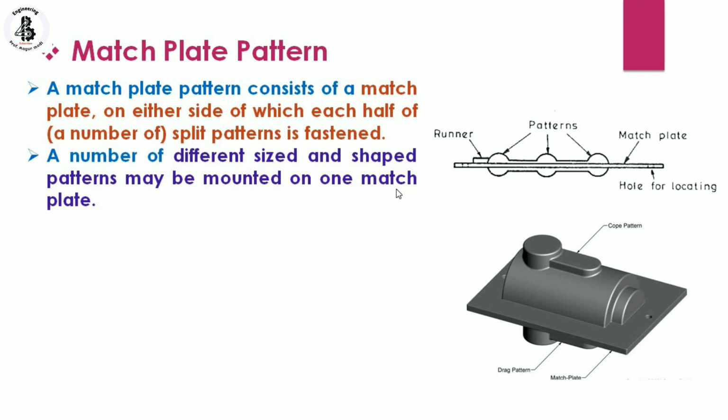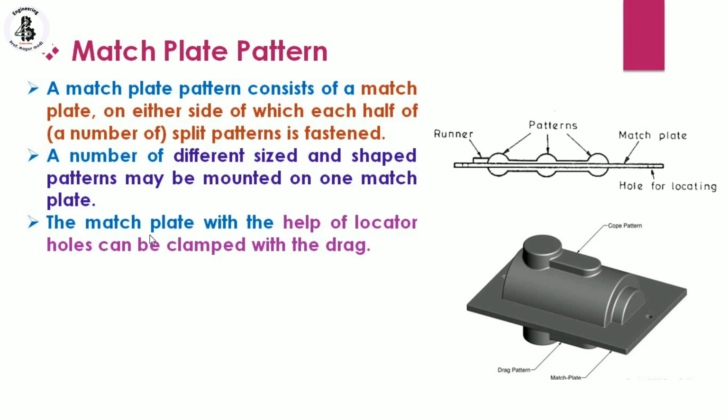So there are no limitations with respect to the shape and size. You can also make different shapes and sizes of patterns on both sides of the match plate. So you can make different sizes and shapes of the job with the help of match plate patterns. That will be a good advantage of such kind of patterns.